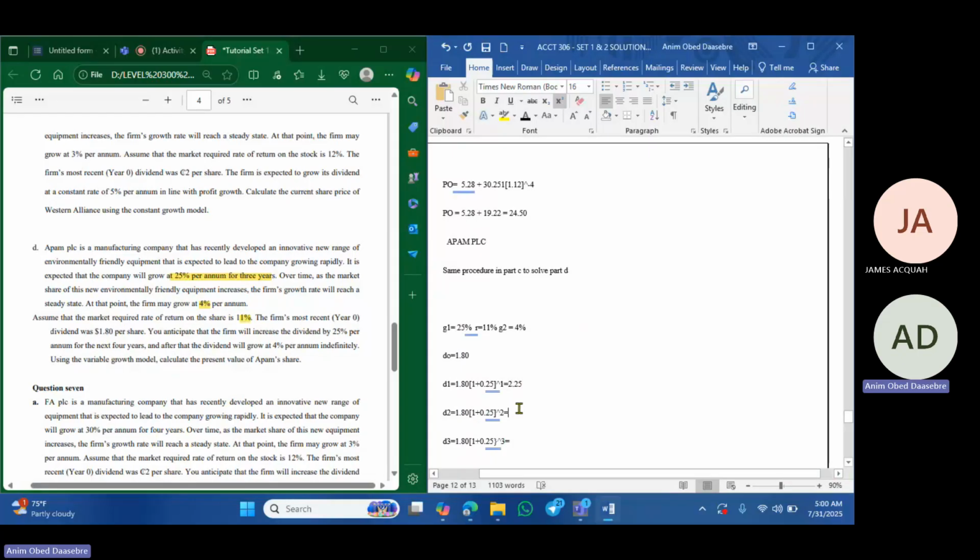Then D2, we are going to get 2.8125, and D3, we are going to get 3.5156.